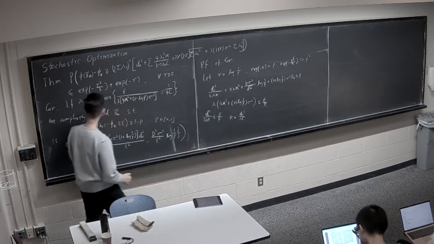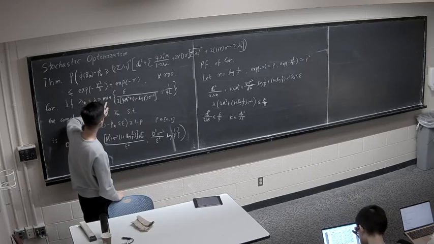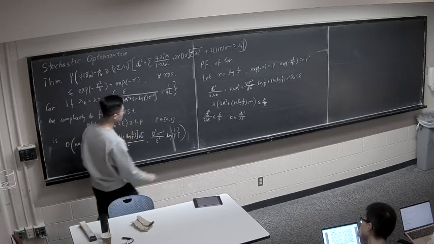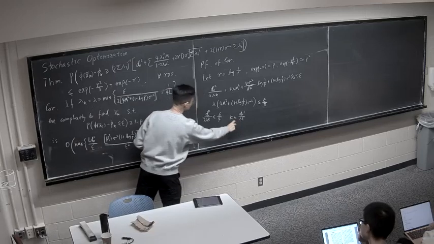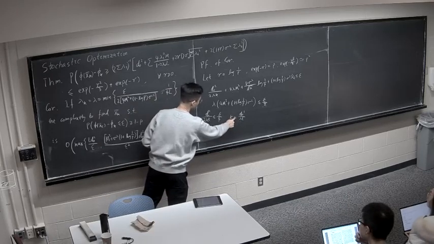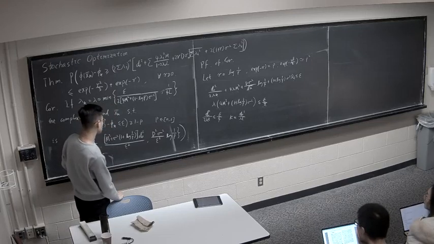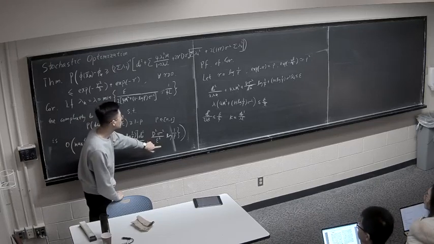And by plugging in the value of lambda, so lambda is the minimum of two terms. Then lambda is in the denominator, so this bound on k becomes a maximum of two terms.